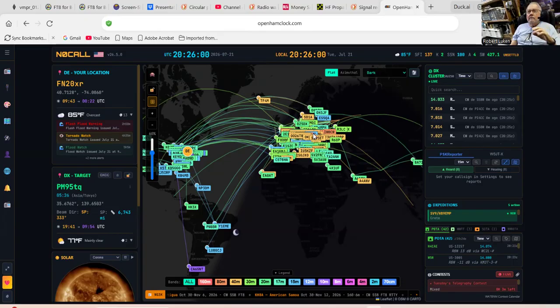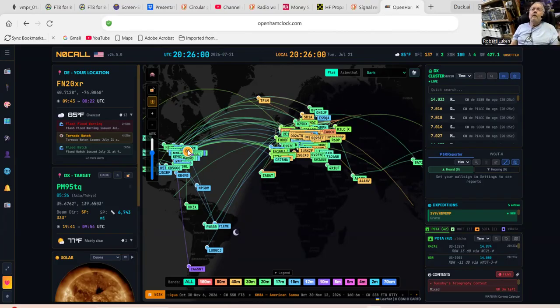People can connect to some of these reporting sites and list stations that they hear, and they show up on maps like this.